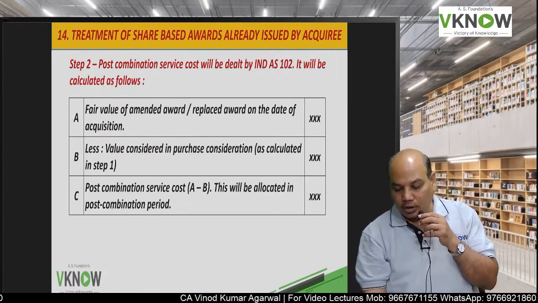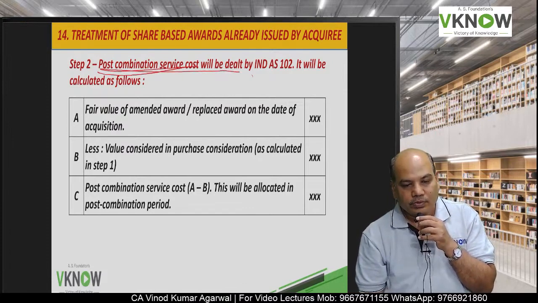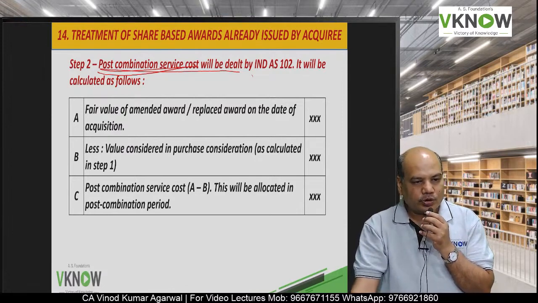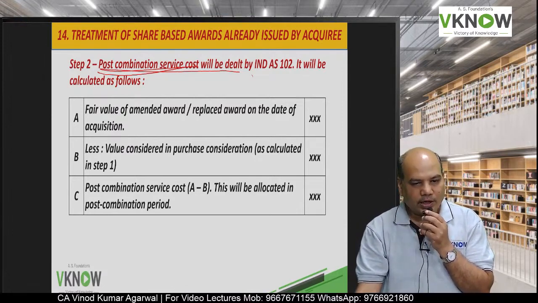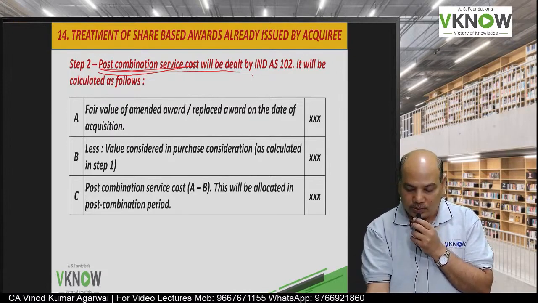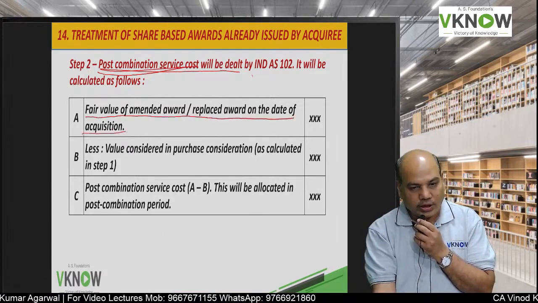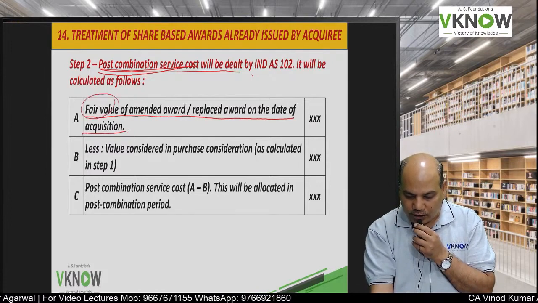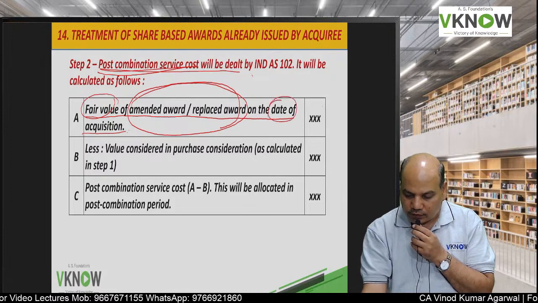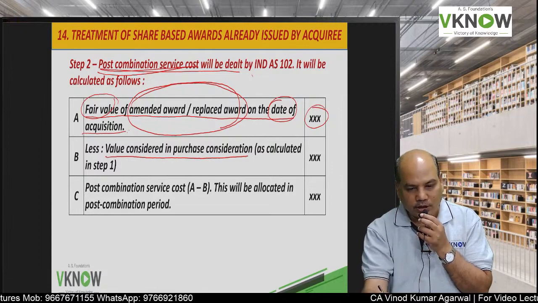But if some more years of services are yet to be rendered, then there will be post combination service cost. Post combination service cost will be dealt with as per IND AS 102, and the calculation will be fair value of the amended award or replaced award on the date of acquisition, minus value considered in purchase consideration, previous step 1.